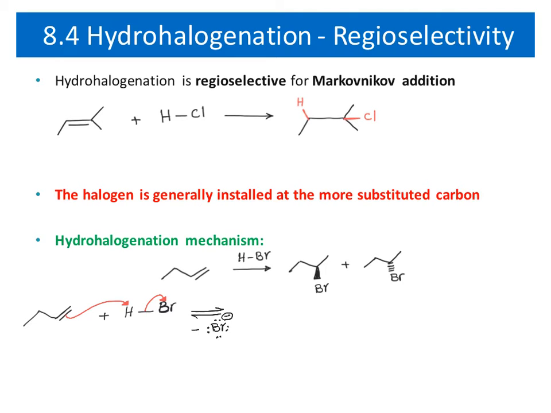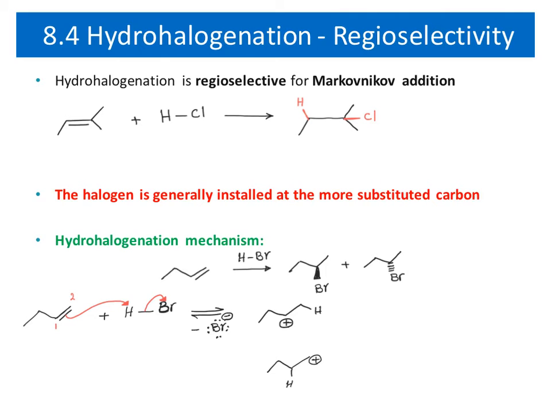Now to draw the product, which carbon would get the proton? Carbon 1 or carbon 2? If carbon 2 takes the proton, this carbocation will form. Now if carbon 1 takes the proton, we are going to form this carbocation.